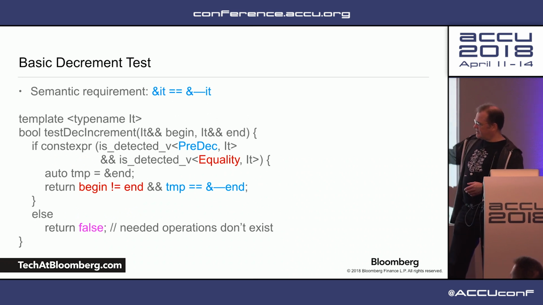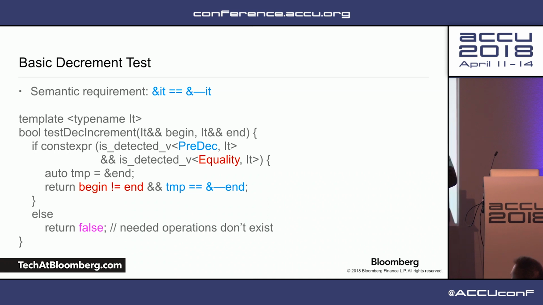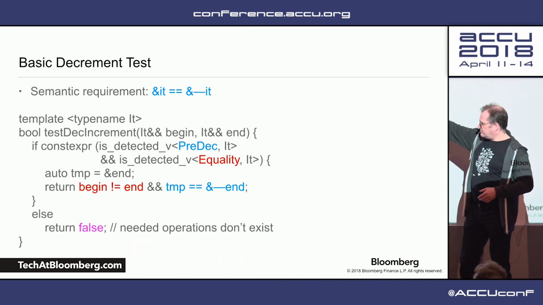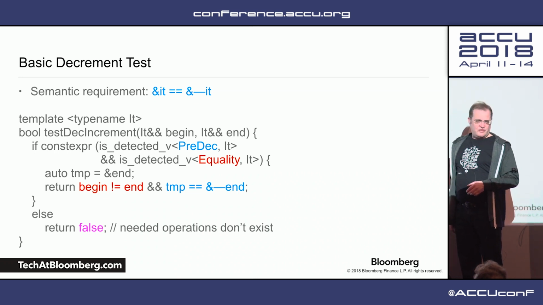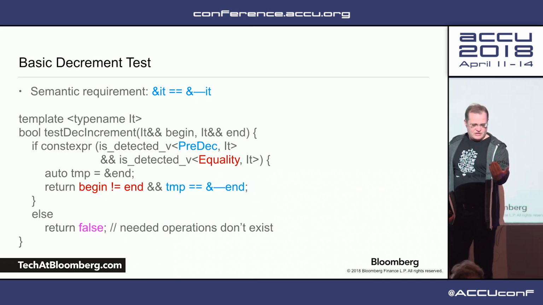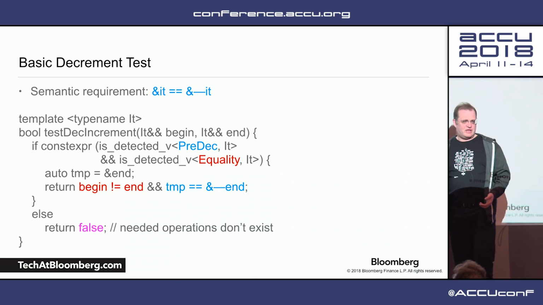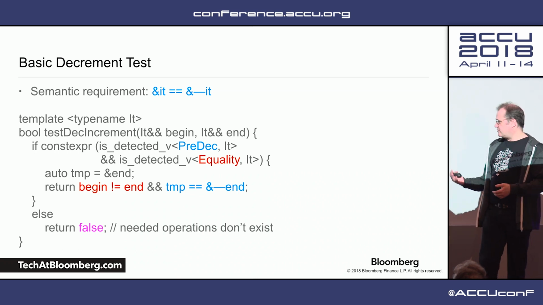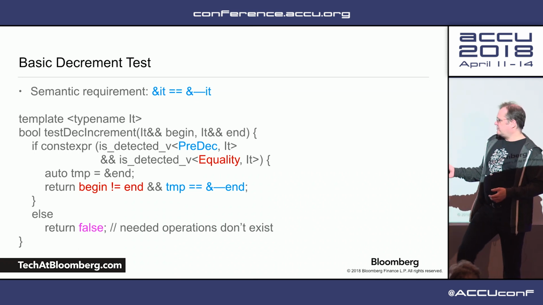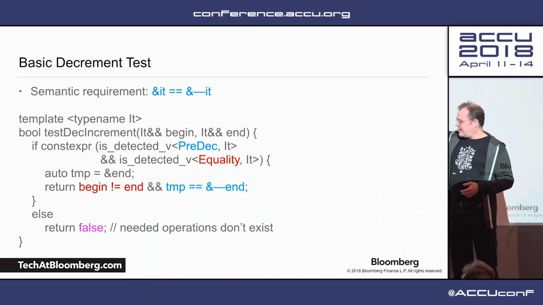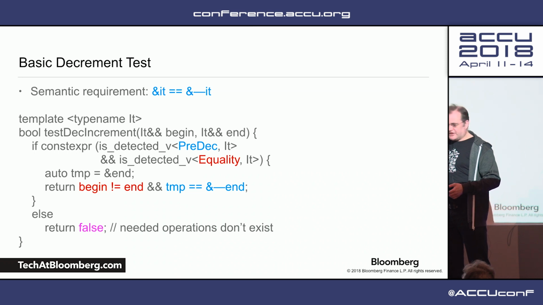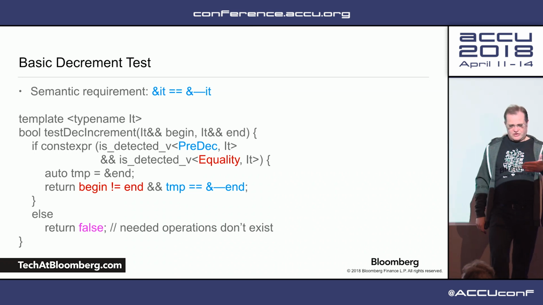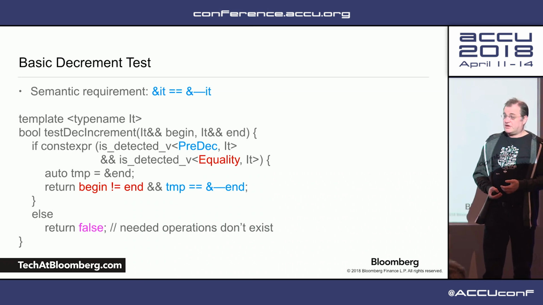And then, what is that guy giving? Oh, this is the example of testing. Well, if I have a pre-decrement and I have equality, I can actually test whether the correct object is returned from the post-decrement operation. This is all that does. It takes first the address of end, and then it decrements end and verifies that the decremented version of end returns the address.